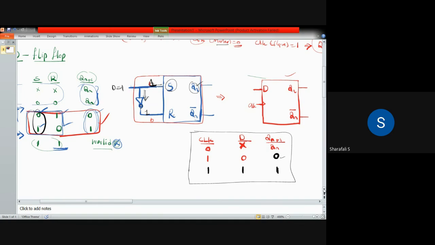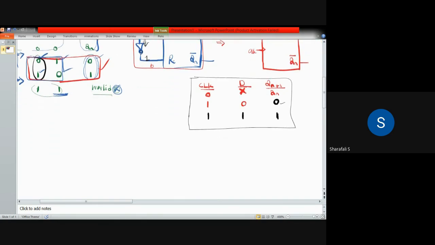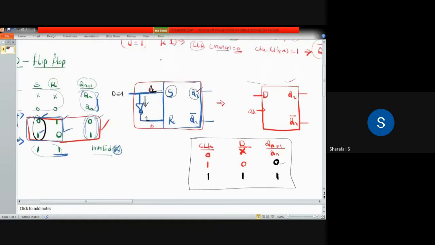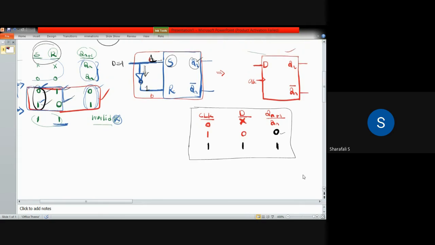And we have another. I have explained all this by using the SR flip flop. Similarly, we can also use JK flip flop along with this. In JK also we have similar conditions, 0 1 and 1 0, and there also we can convert that JK flip flop into D flip flop by the same scenario.